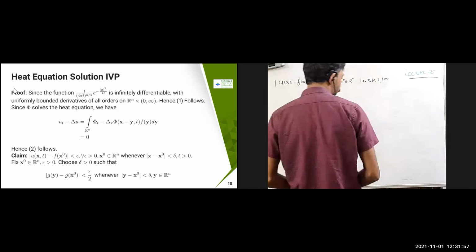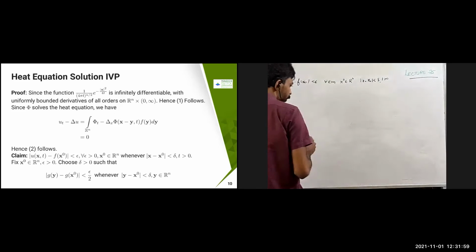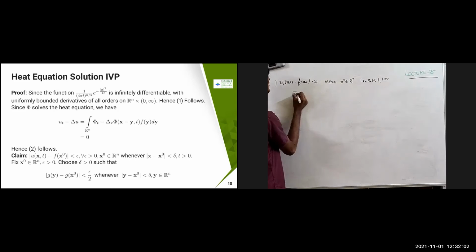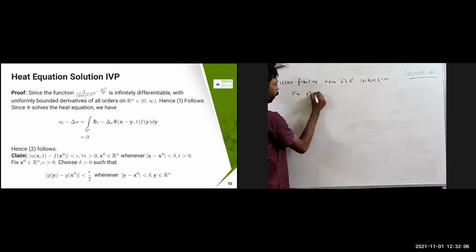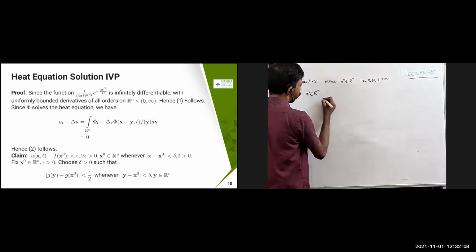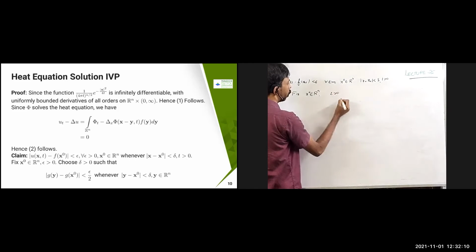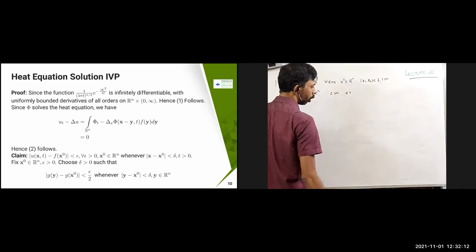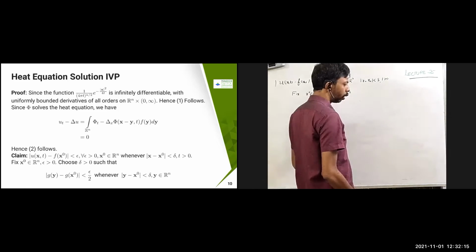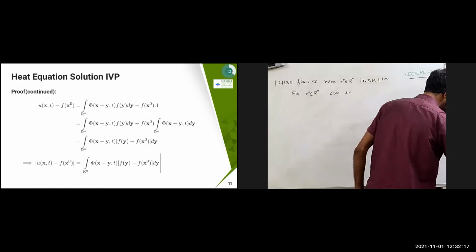So let us fix an x naught belonging to R power n, and choose epsilon greater than 0 such that, let me see, actually this would be f, not g.